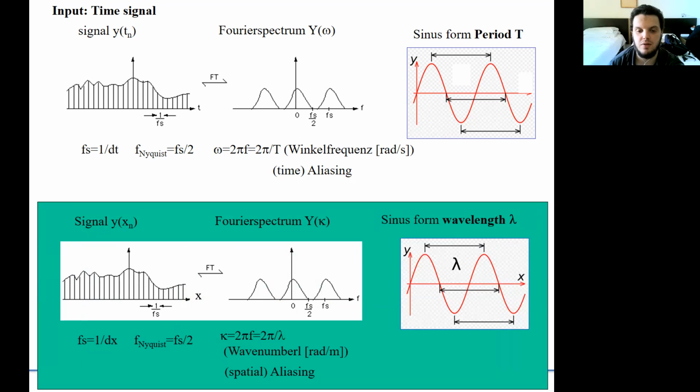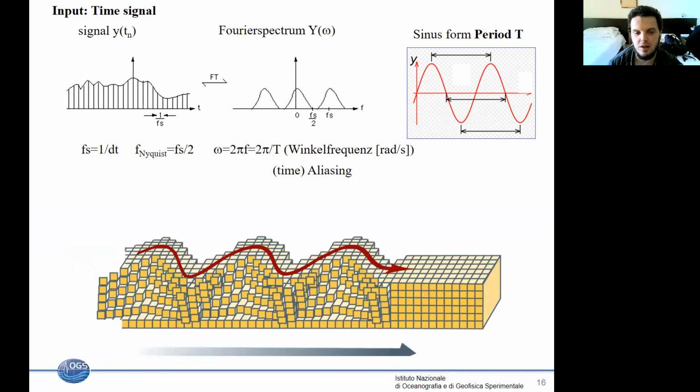For the previous slide, the one below here, it means if we freeze the time, we have different instruments in our field. Your sampling will be given by many instruments.